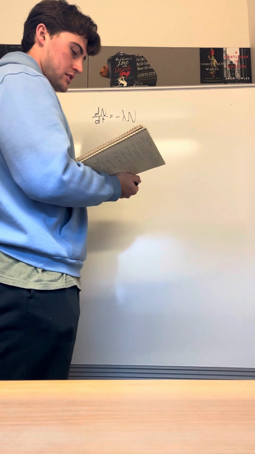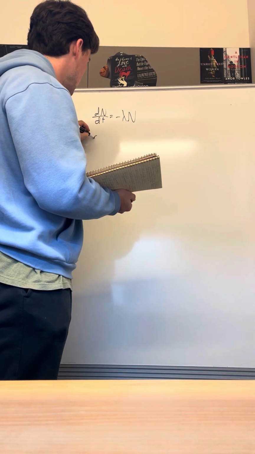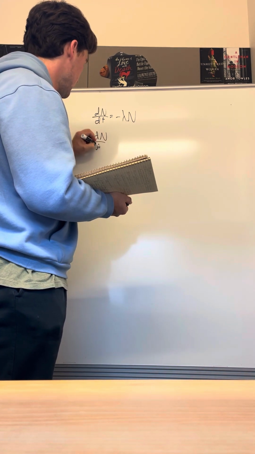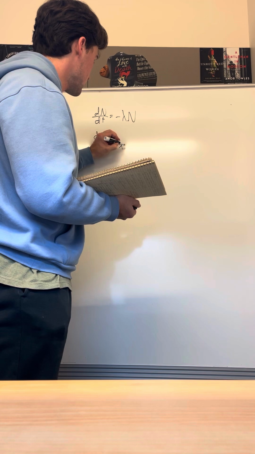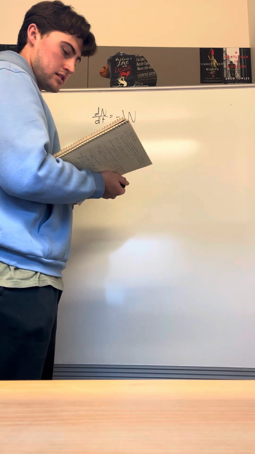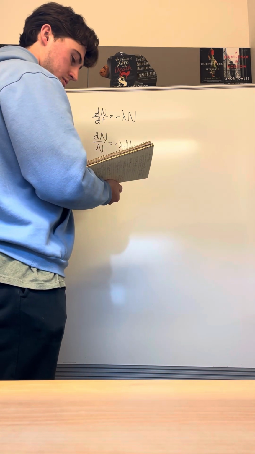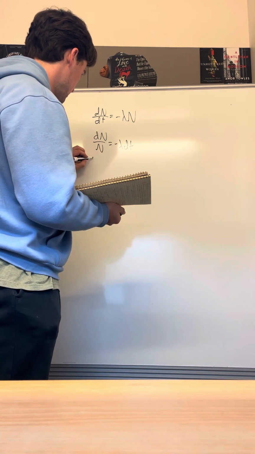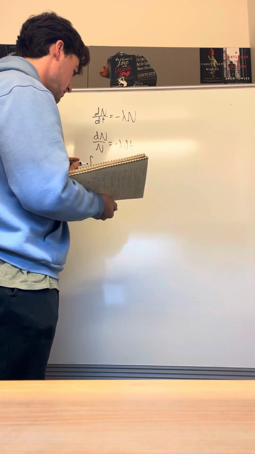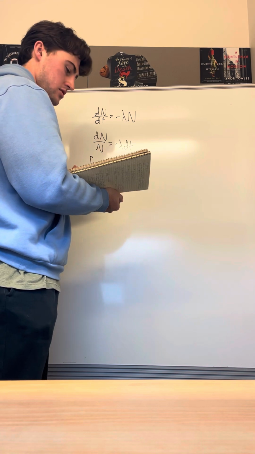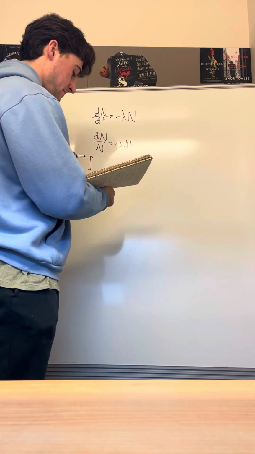So we want to find N of t, so we want to isolate N. So we got dN over N equals negative lambda dt. So now we want to integrate this so that we can get just N and just some term in the function of time.